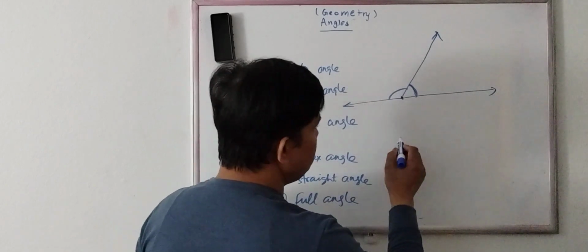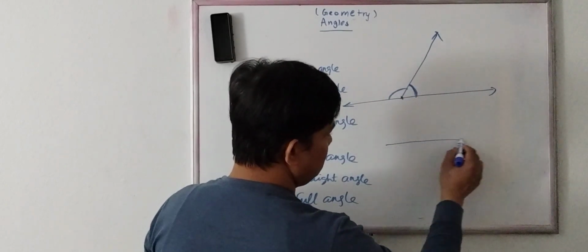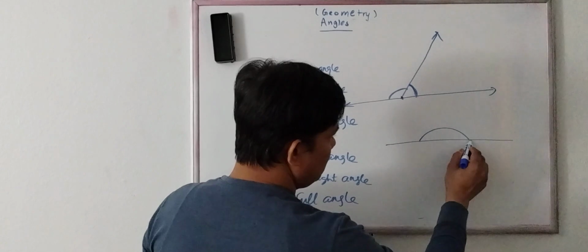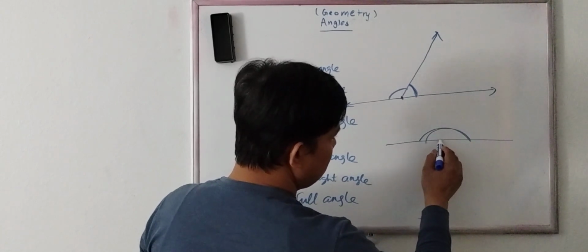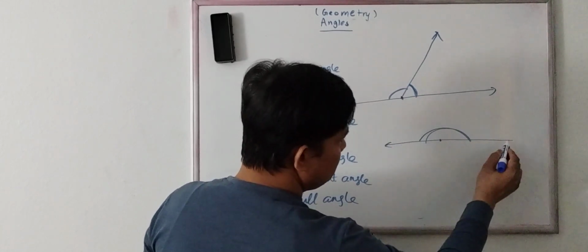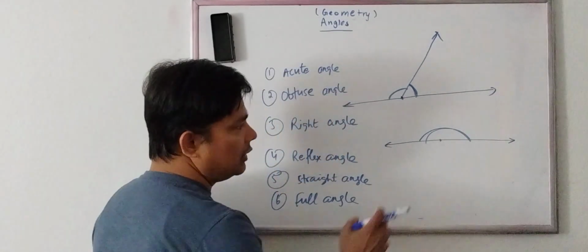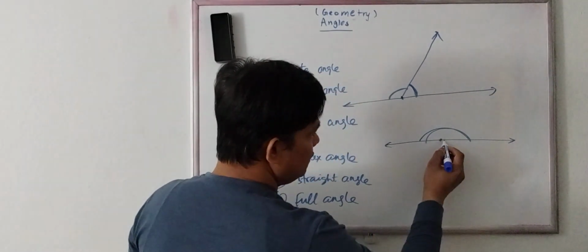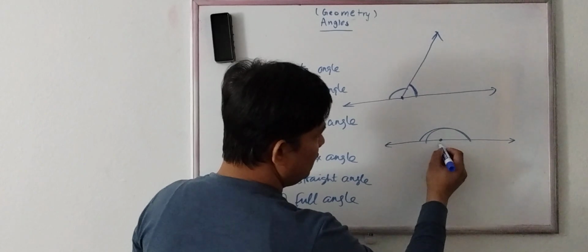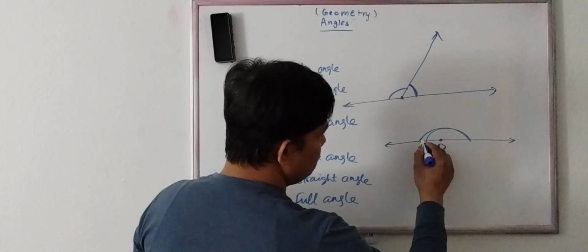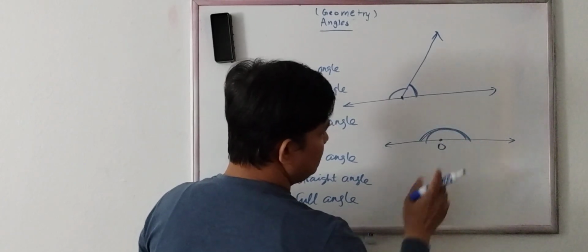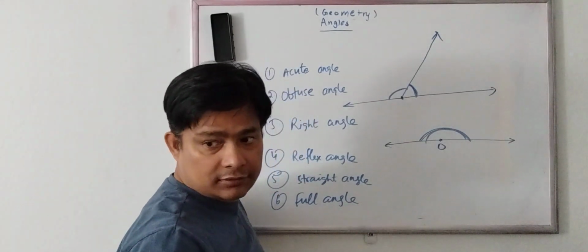Similarly, if you don't have two lines, you have just one line, there can be an angle here like this. So you can say that this is one line and this is another line, and they are joining at this point. Let's say the point is O. So this is called the separation between these two lines.